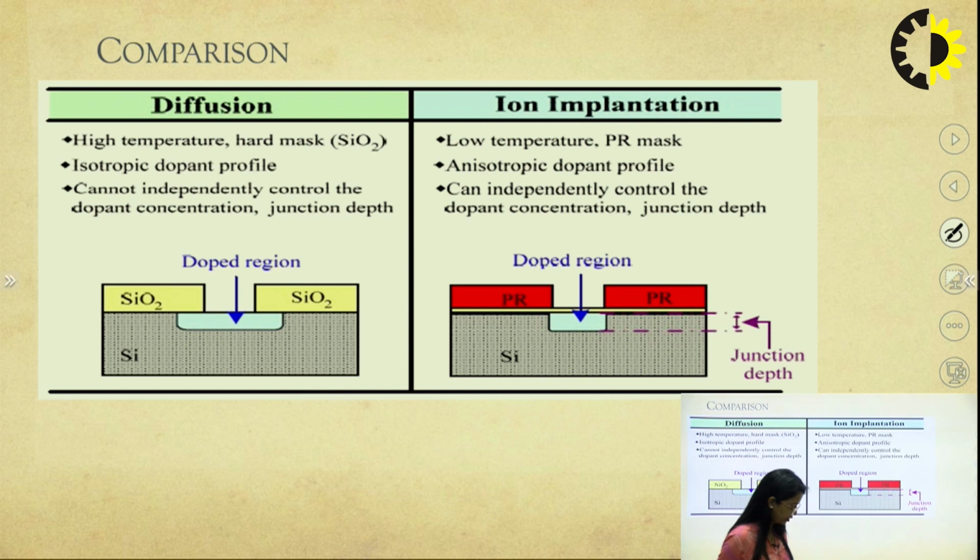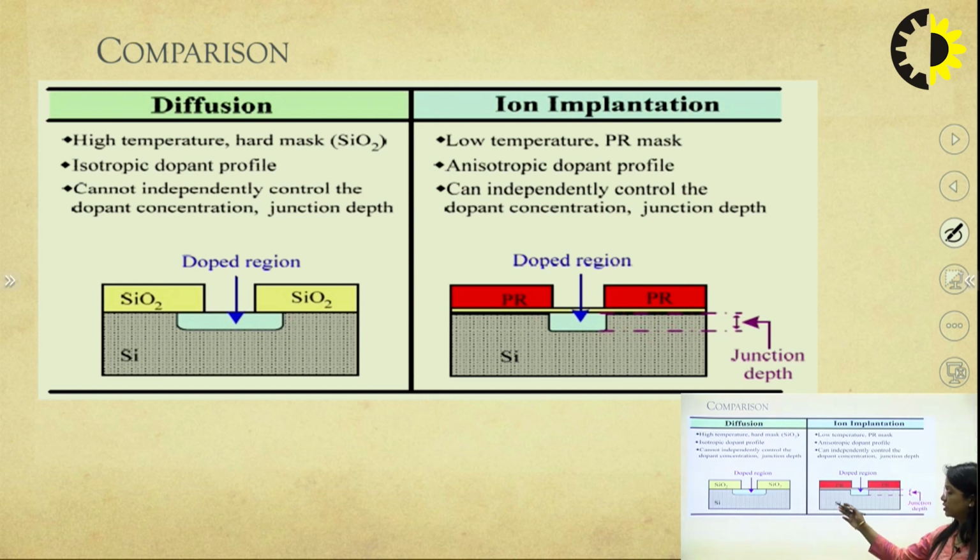Now here we can see the difference between diffusion doping and implantation. In diffusion we see high temperature, and for this we require a mask which is a silicon dioxide mask, and it has an isotropic dopant profile.